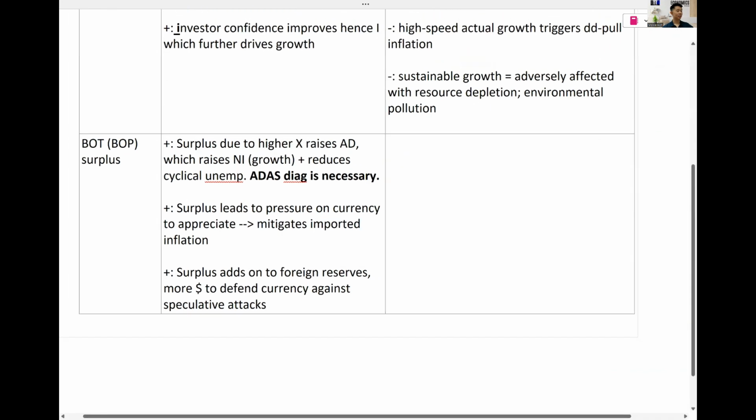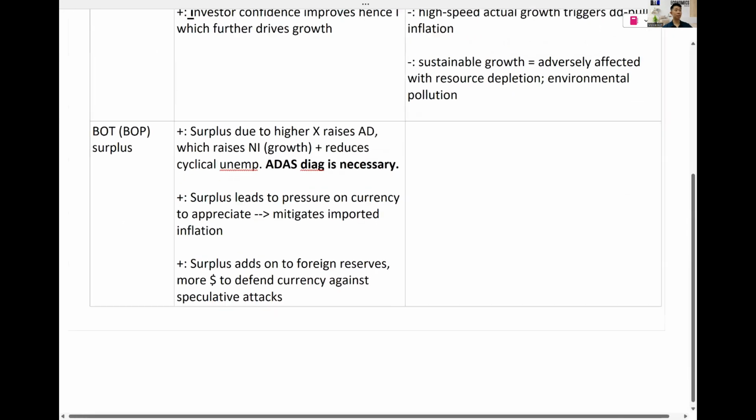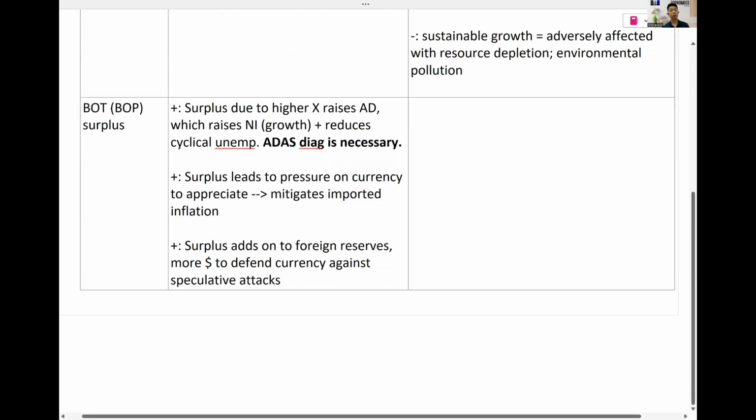Okay. So some points on why a surplus is good. You flip it around, the same points will explain why a deficit is bad. Okay. I let you copy this down and ask questions, okay, before we move on.